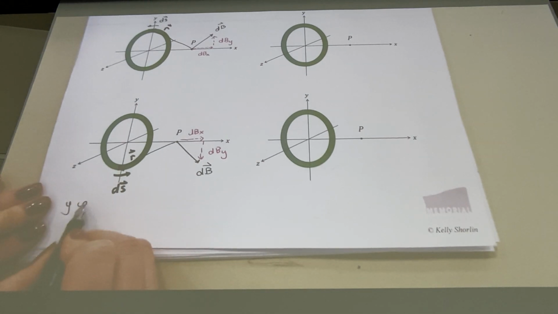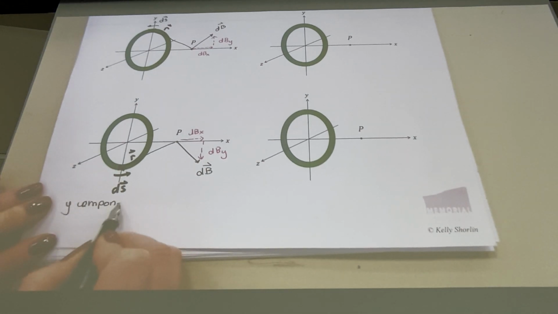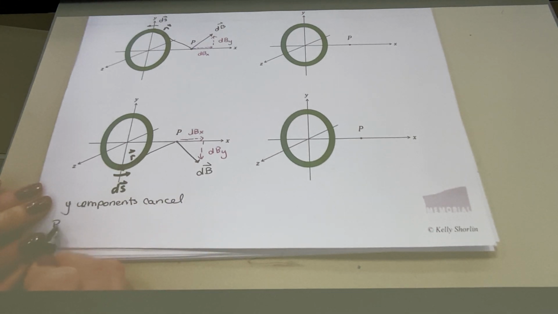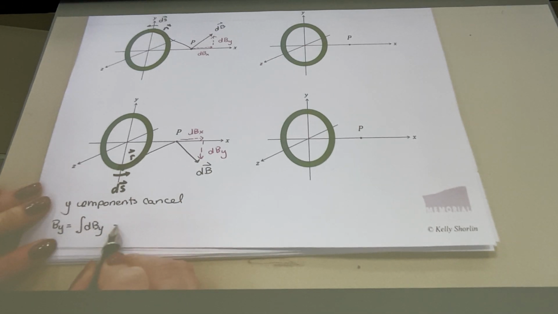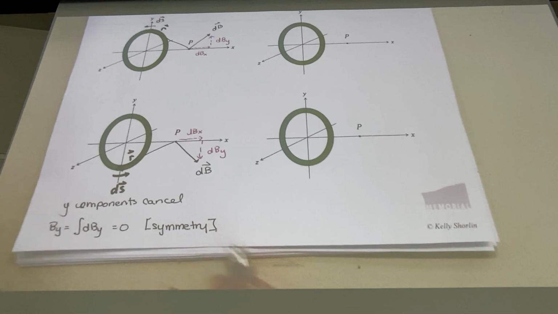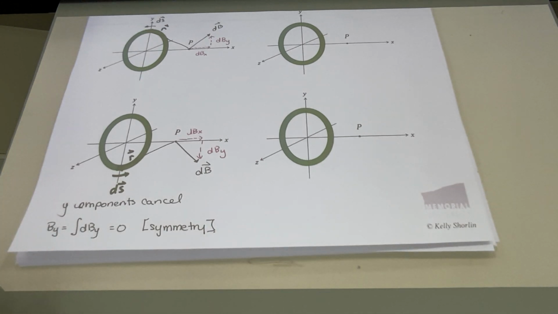So y components cancel. In math terms, that means B_y, the integral of dB_y, the sum of all the y bits, equals 0. And that's due to the symmetry of the ring. Everybody okay with that bit?